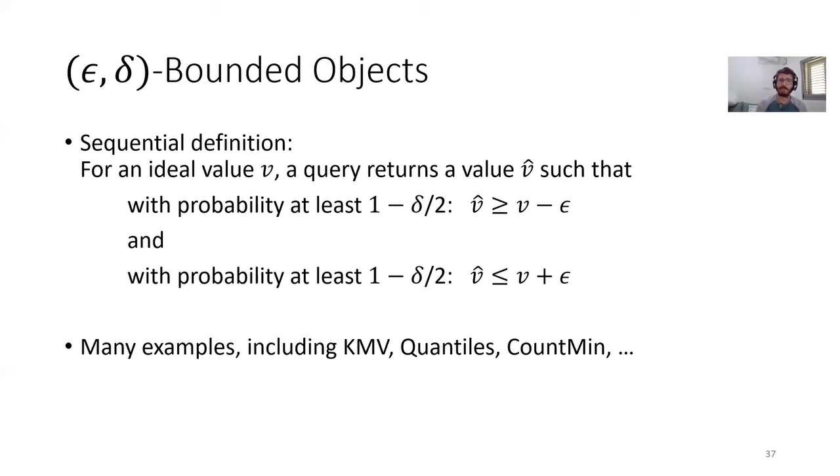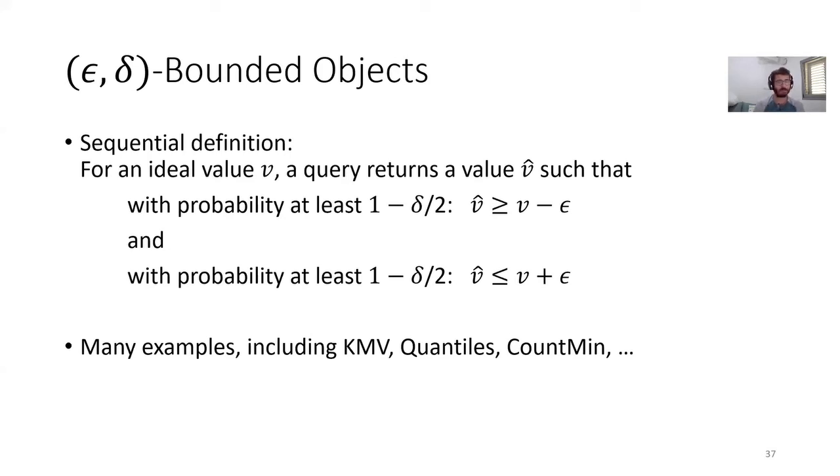And with probability at least 1 minus delta over 2, the approximation is less than or equal to v plus epsilon. What this means is that with probability at least 1 minus delta, the approximation returns the ideal value with an error of at most epsilon.